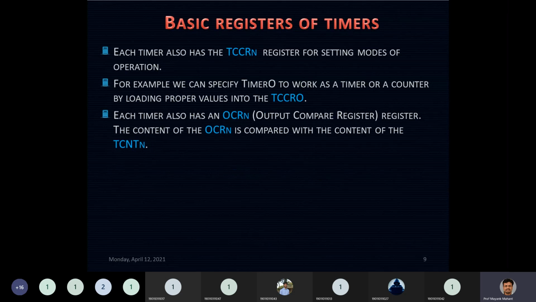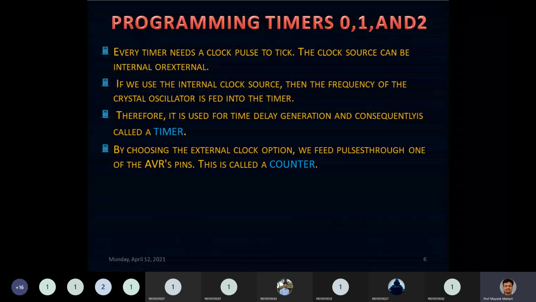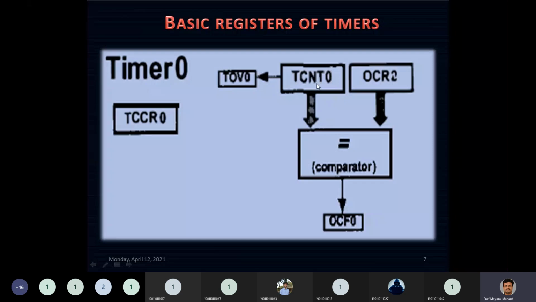Now each timer also has an OCR register, that is what we call the output compare register. In this case the content of OCR is compared with the content of TCNT. I showed that in the previous slide: this is your TCNT register and this is your OCR register.